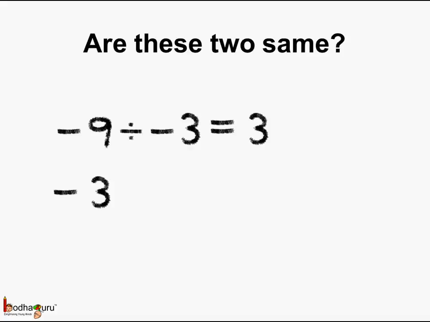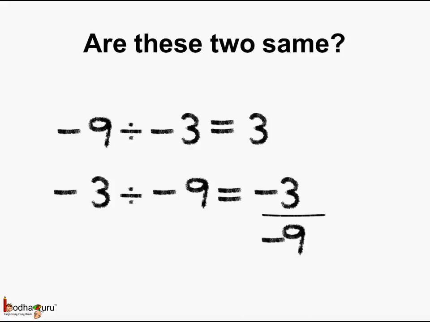Next, if we divide minus 3 by minus 9, let's represent it as a fraction: minus 3 divided by minus 9. Now we can simplify this fraction. 3 3s are 9 and the minus gets cancelled. So this becomes equal to 1 by 3. So what do we see?